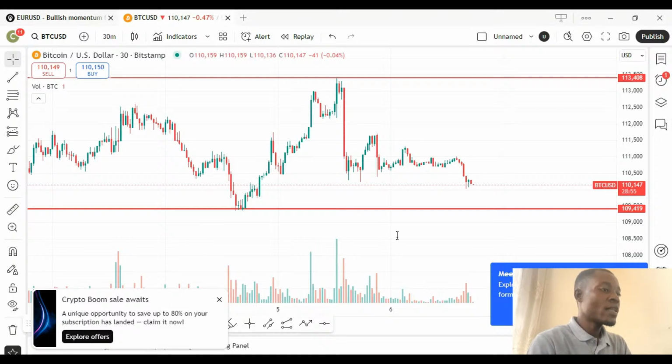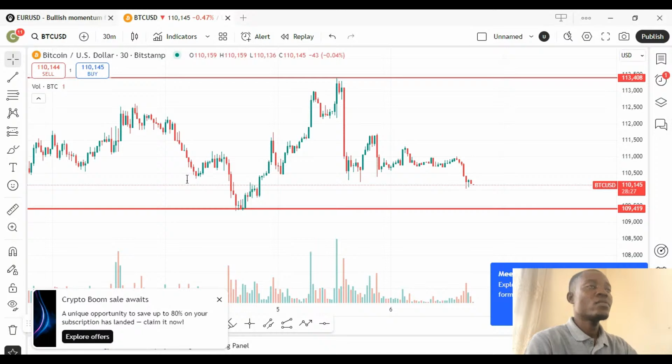Then after that, you watch how the market behaves at that area. And also look out for order blocks. If there is, look out for that and also demarcate that on the chart. And then look out for liquidity at the levels you've demarcated, your resistance and your support level. You have to look out for a liquidity sweep or liquidity hunt.